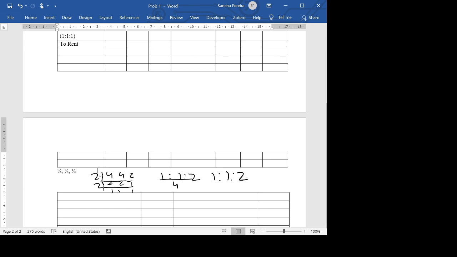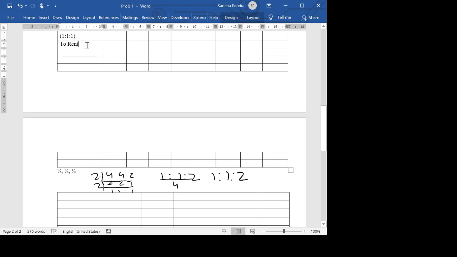This is maths. Then you get the ratio. Here the ratio is 1 is to 1 is to 2.